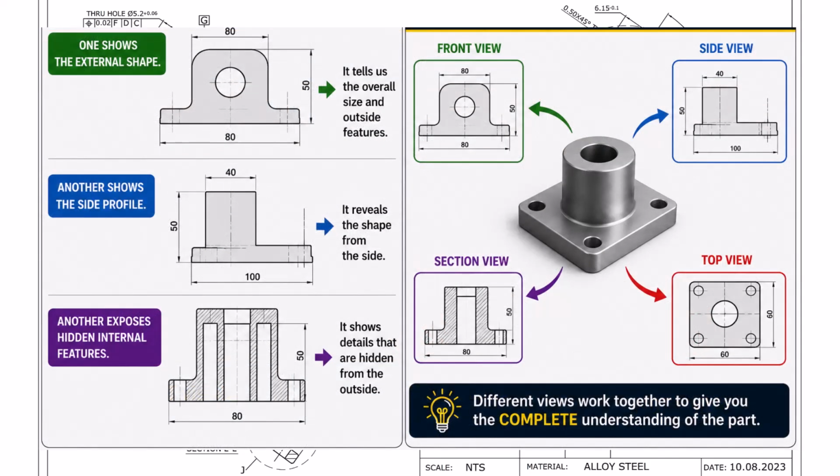Each one reveals something different. One shows the external shape, another shows the side profile, another exposes hidden internal features. Those aren't extra drawings. They are different perspectives of the same component. The more complex the component, the more important these views become. Now engineering drawing suddenly makes much more sense.